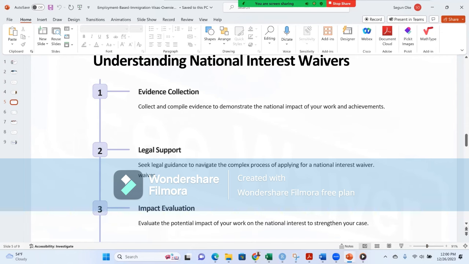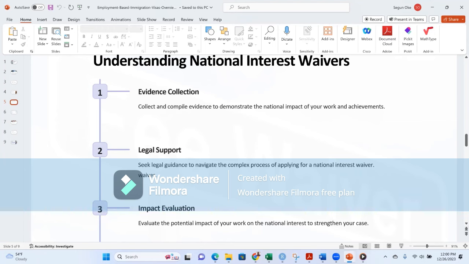You collect and compile all the evidence to demonstrate the national impact of your work and achievement. I will also explain it in detail. Then it's always advisable to seek legal guidance to navigate the complex process of applying for the national interest waiver.